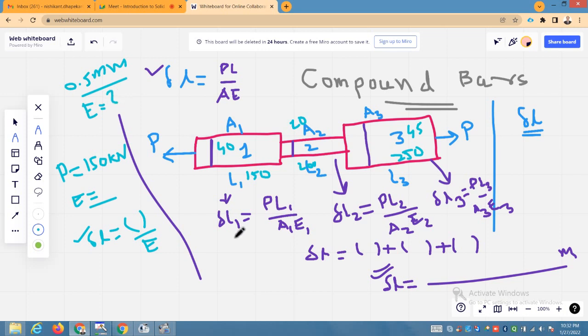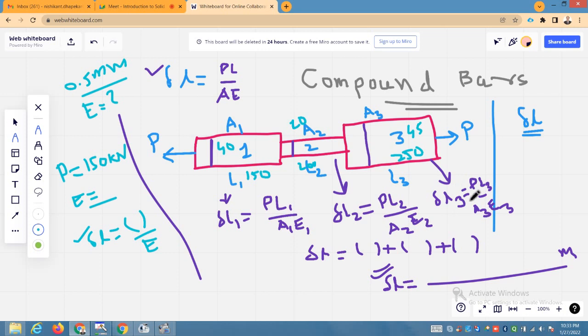Again the same equation you will apply. Delta L1 equal to P 150, L1 you know, A1 you know, E you have to calculate. Delta L2, P 150 kilonewtons, L2 you know, 200 millimeters, you have to adopt the same units, divided by area you can calculate from diameter, again into E you have to determine.